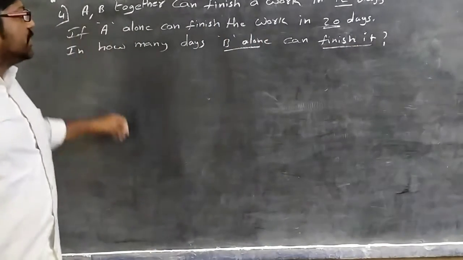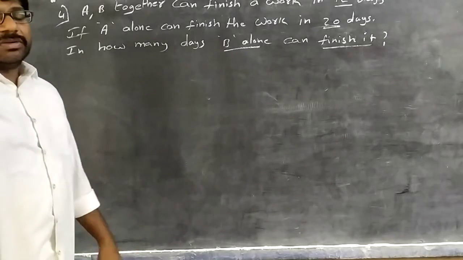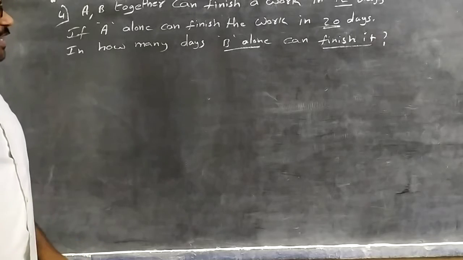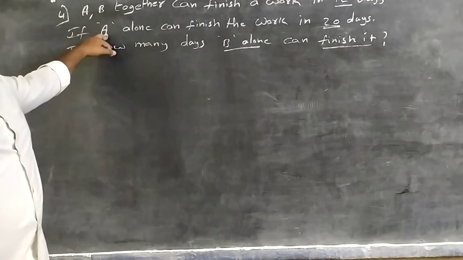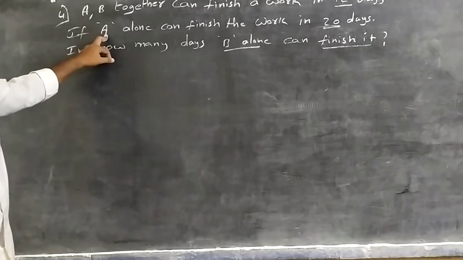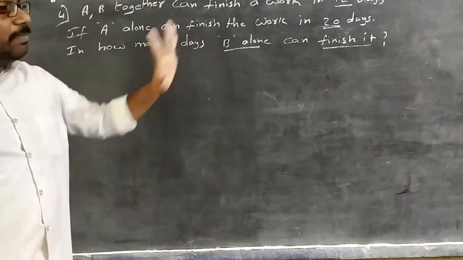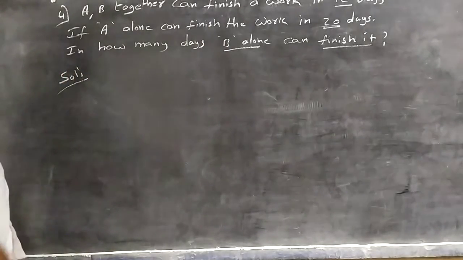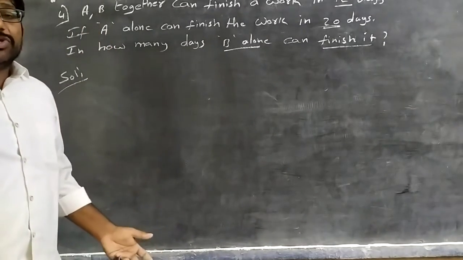Right? So, A and B together can finish a work in 12 days. Both are given. In that, A alone can finish the same work in 20 days. In how many days does B complete the work? So B alone can finish it in X days.